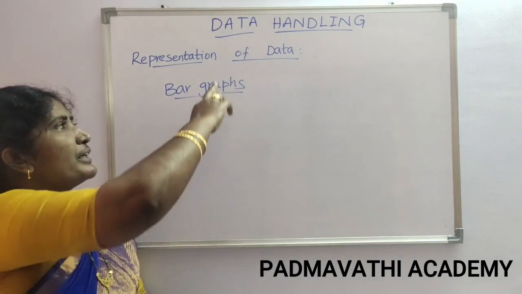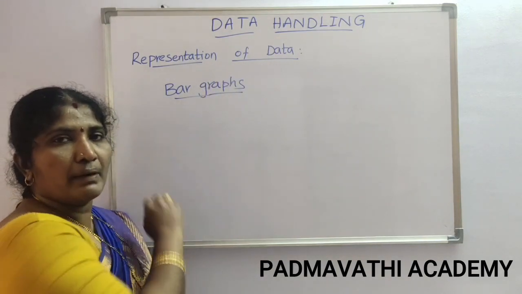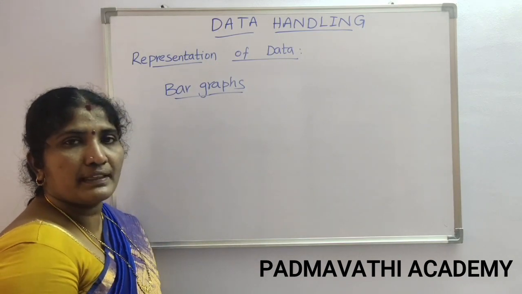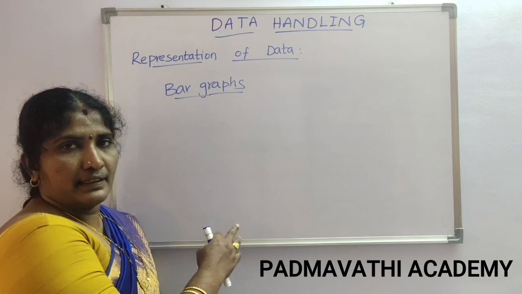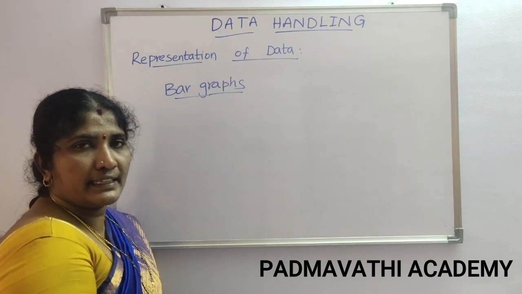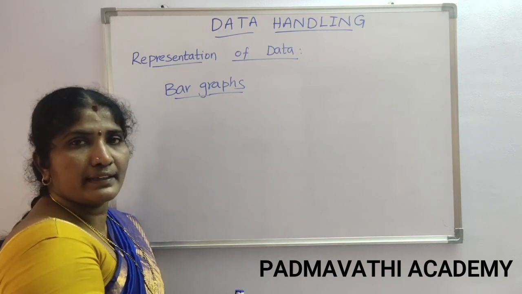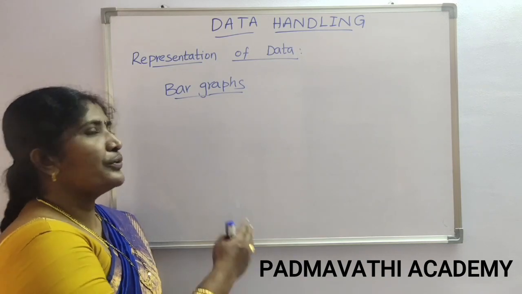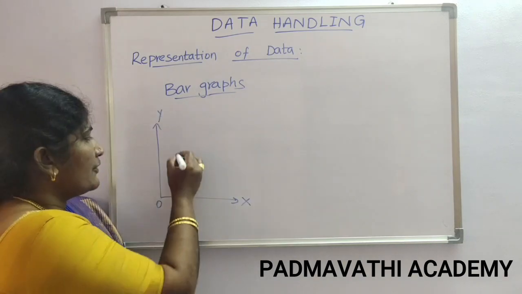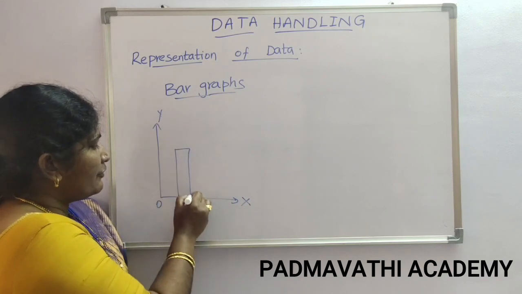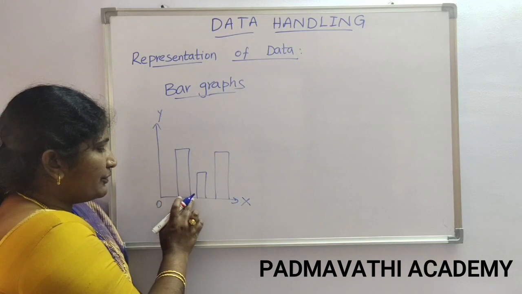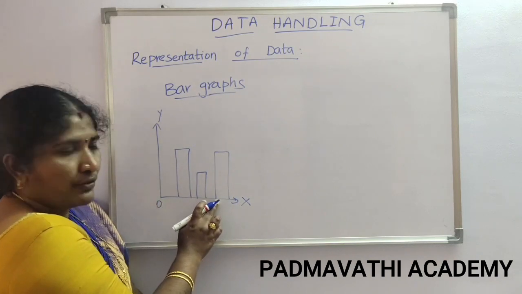And one more method of representation of data is bar graphs. In bar graphs, the information is represented through bars. Bars means here the rectangles. Bars are represented by rectangles. The width of the rectangles should be equal. And here we want a graph sheet. In the graph sheet, if the information is represented like this, the width of the rectangles must be equal.